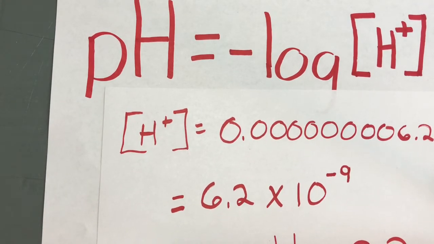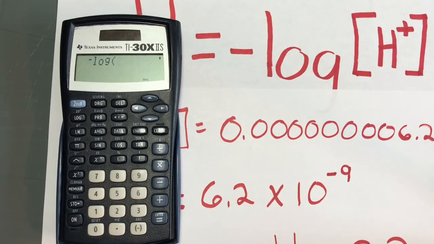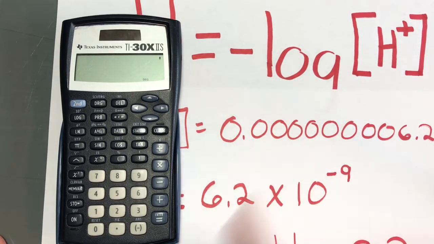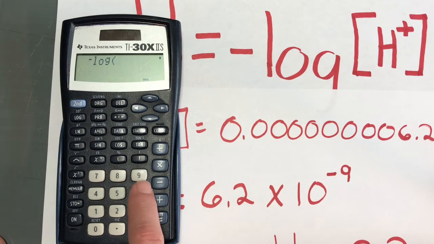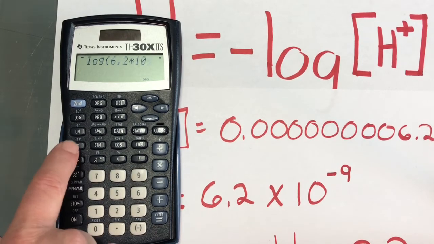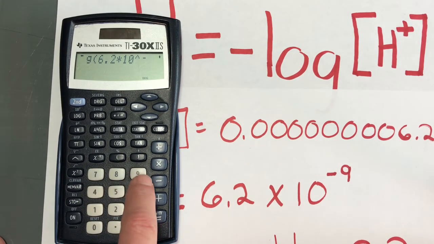In some calculators, such as this one, it's pretty easy. Let me clear that. I would write the things just in the order that it shows up in the formula. I can hit my negative sign first, then log. I then put in my concentration of hydrogen ions, which was 6.2 times 10 raised to the negative 9.